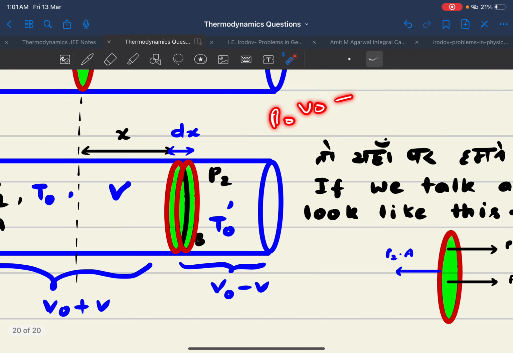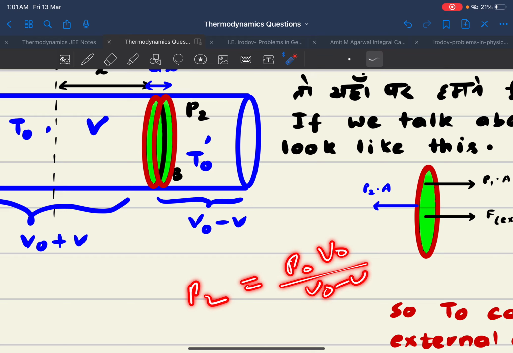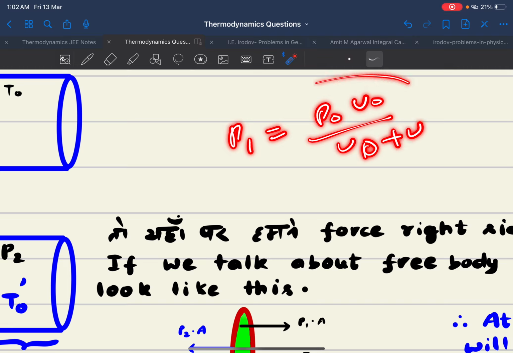P naught V naught is equal to P1 into (V naught plus V). And for this side container, chamber B, P naught V naught is equal to P2 into (V naught minus V). So P2 will be P naught V naught over (V naught minus V), and P1 will be P naught V naught over (V naught plus V).